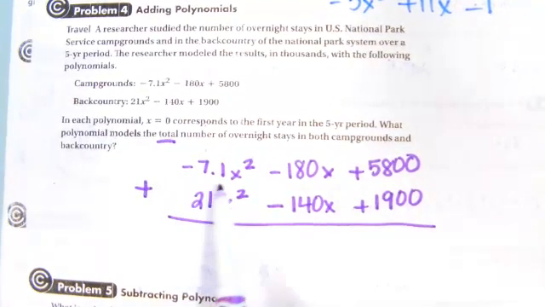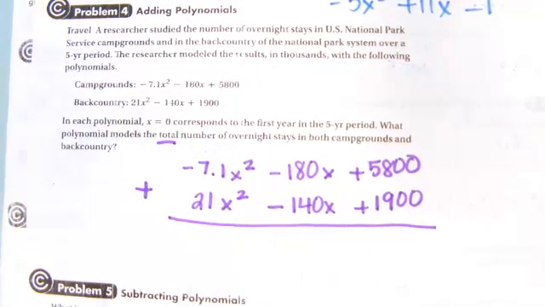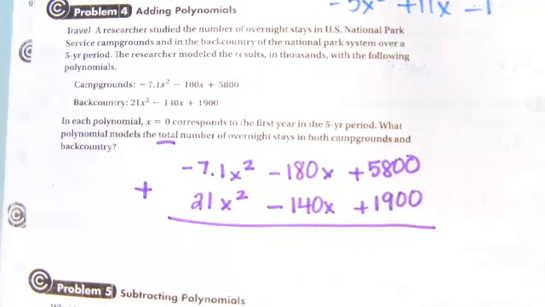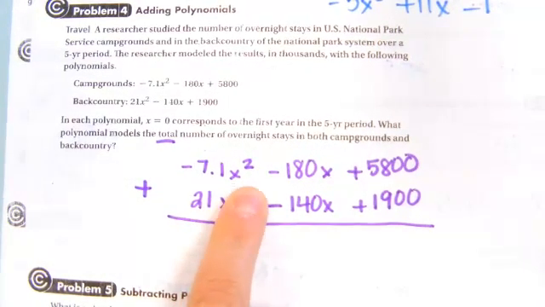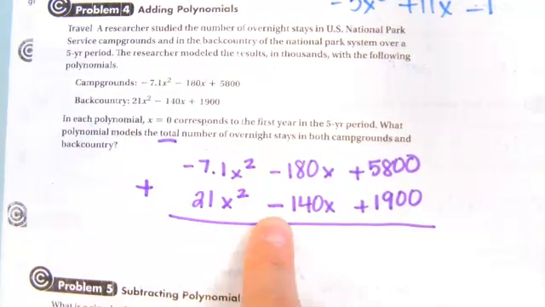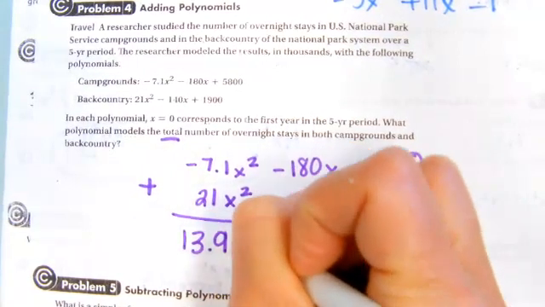What's negative 7.1x squared plus 21x squared? You might need your calculator to make sure you are correct. Negative 7.1x squared plus 21x squared equals what? Joel, go ahead. 13.9, and then you put on x squared.